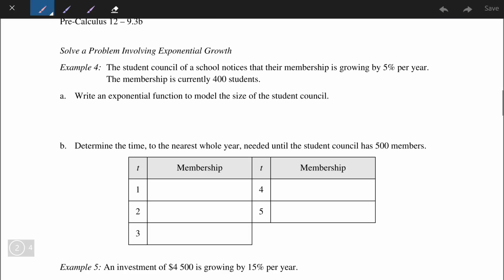So if we were to write an exponential function to model the size of the student council, then the number of students, we'll just call that A, is going to be equal to 400, that is the initial value, multiplied by 1.05, and then to the t power. So the 400 is, again, the initial value.